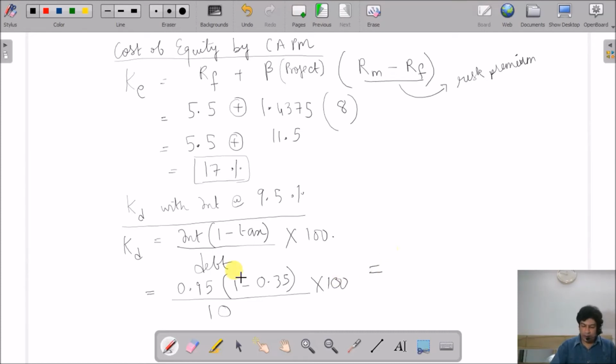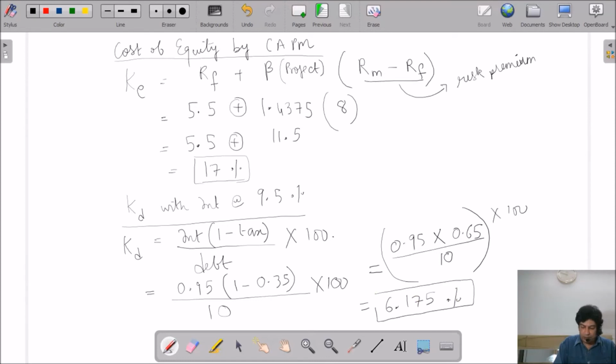So here I am doing 0.95 multiplied by 0.65 upon 10, and this entire into 100. So I'm going to get 6.175 percent as my cost of debt after taking into account the tax savings.